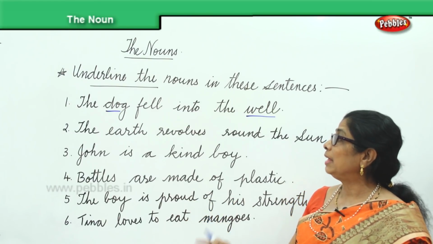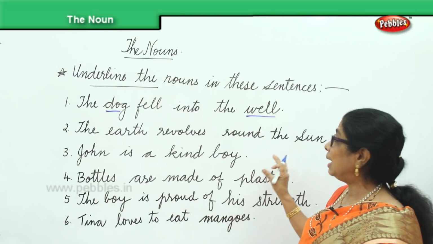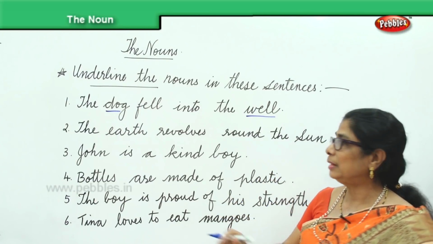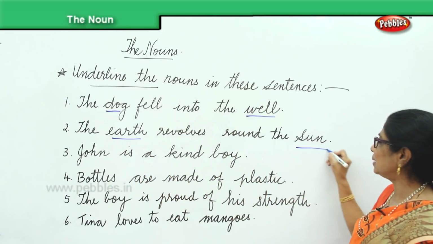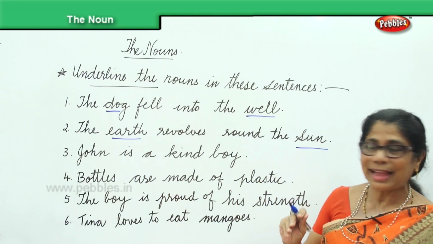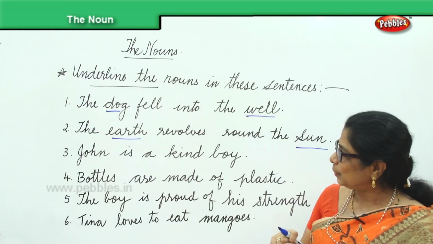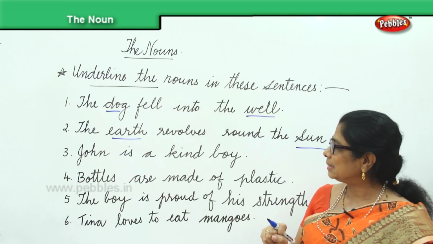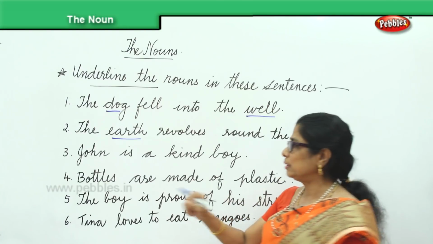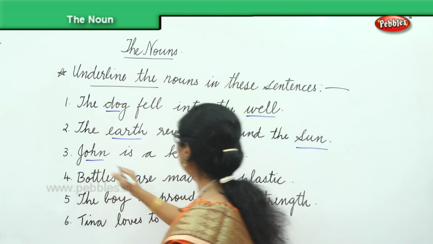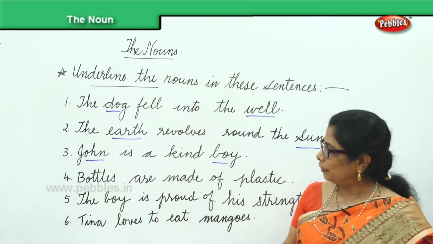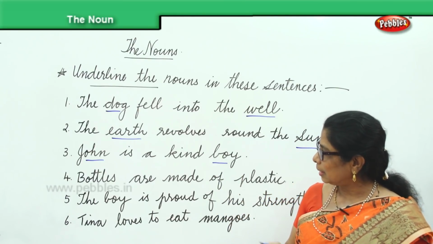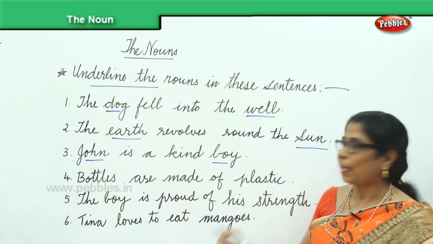Second sentence we have the earth revolves around the sun. Where is the noun? Earth, very good. And the sun. So we have earth and the sun. In the third sentence we have John is a kind boy. John is a noun, good. Then we have boy is a noun. In the fourth sentence we have bottles are made of plastic.